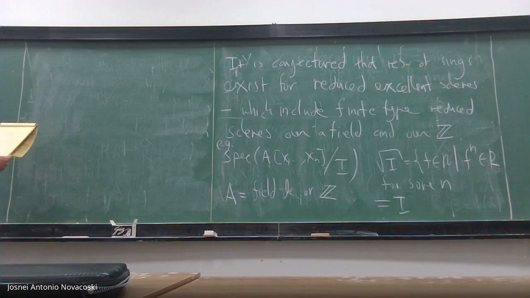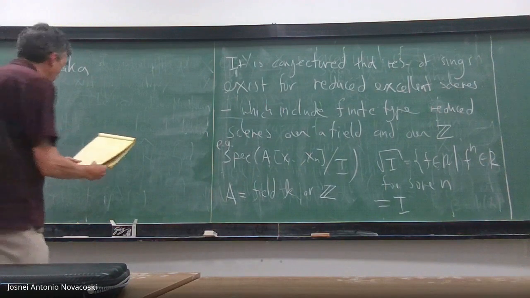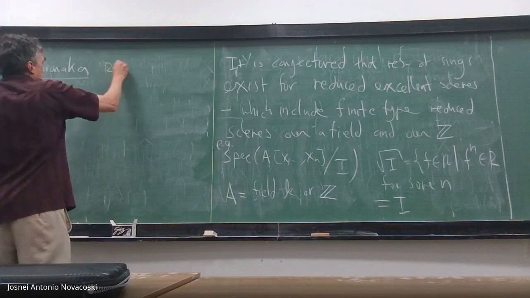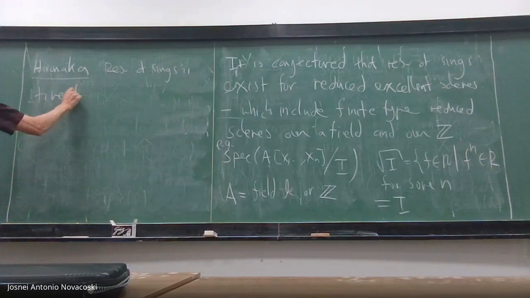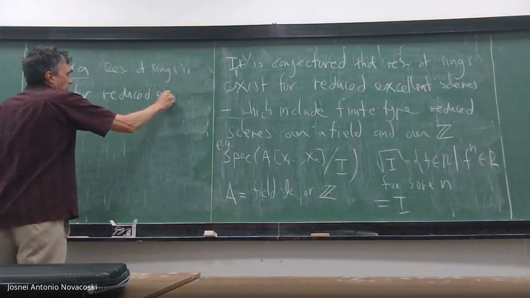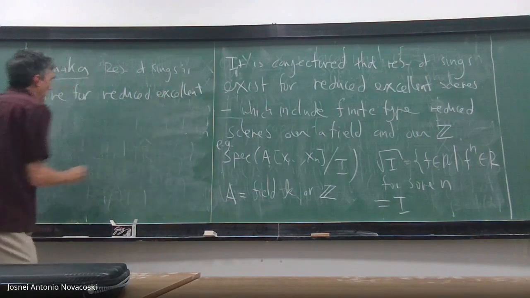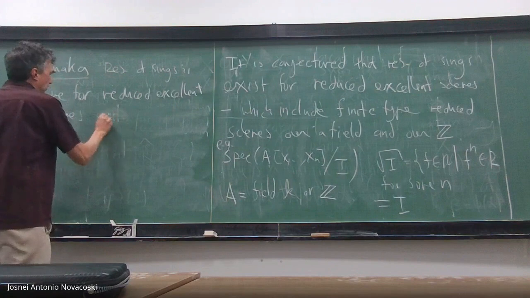Okay, but the really great result is the theorem of Hironaka, which I think was published in 1964, and he was awarded the Fields Medal for this: that resolution of singularities is true for reduced excellent schemes containing a field of characteristic zero.